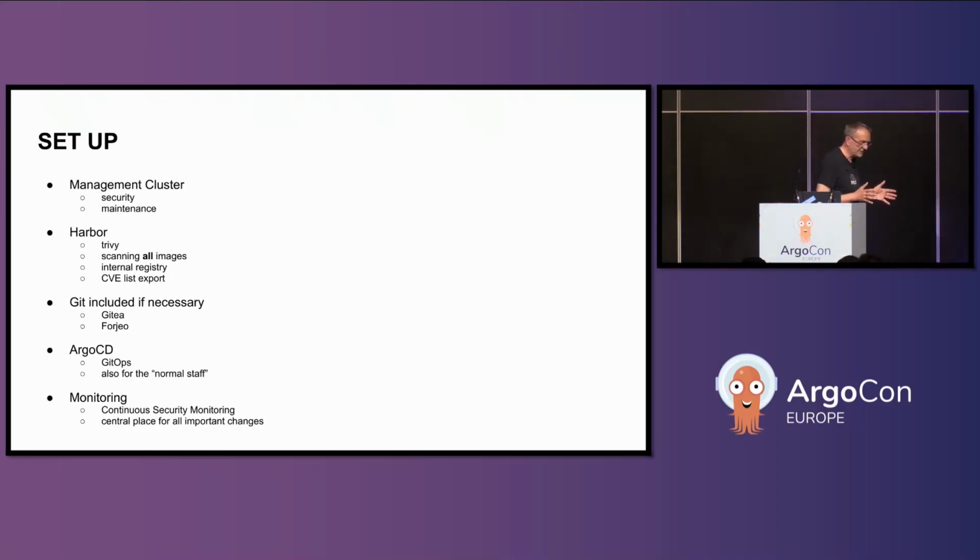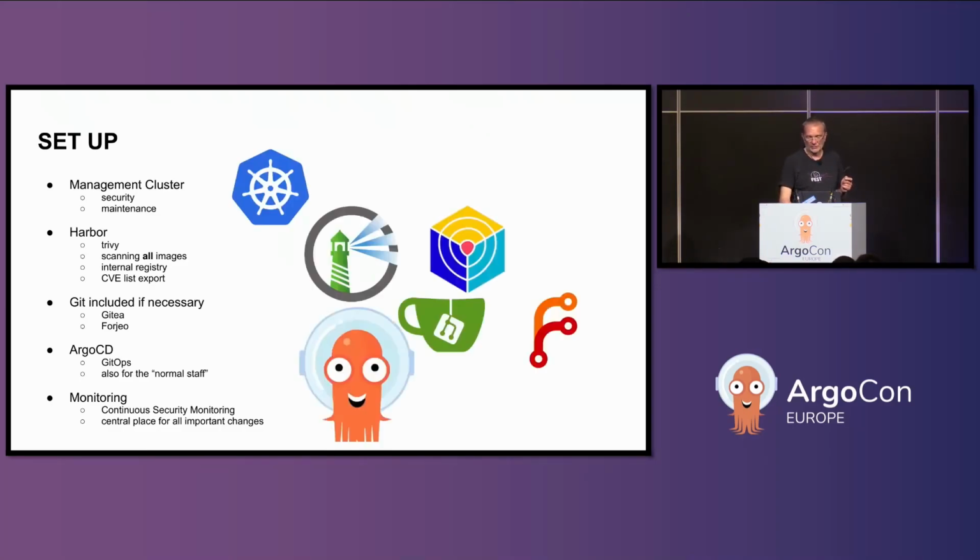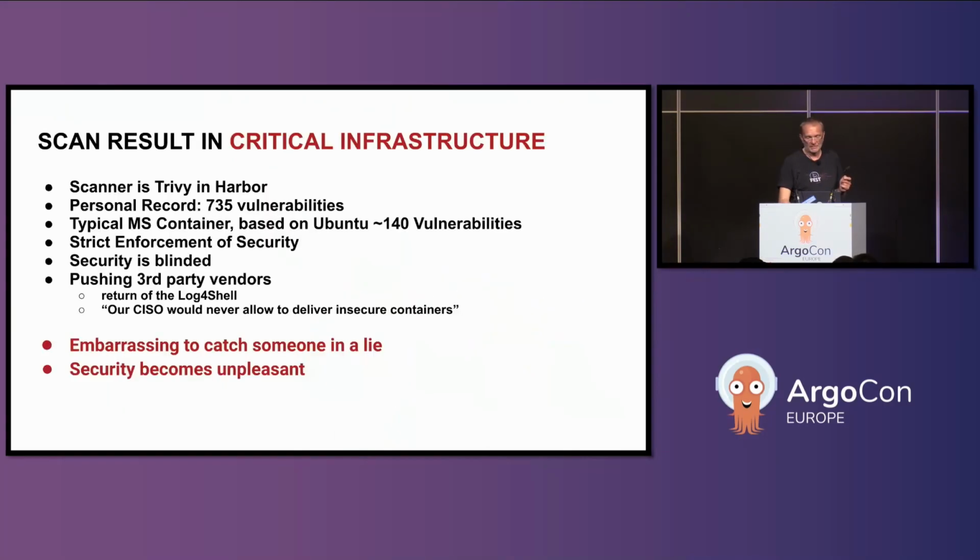We are in a critical system, and this means if a CVE appears, we cannot turn off the critical system. So we have to deal with mitigation, we have to deal with pushing a new version rolled out without all these vulnerabilities. So these are the tools we use, and finally, Argo is the tool to roll it out.